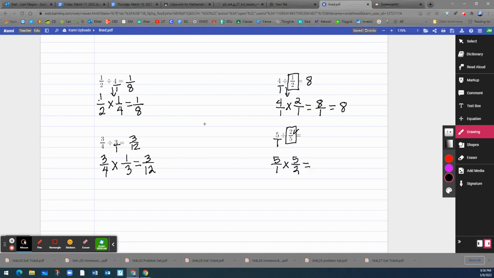Now we multiply across. 5 times 5 equals 25. And 1 times 2 equals 2. So again, we're not looking at simplifying right now. But again, yes, you're going to have to simplify most of the problems because we've been practicing that for a while. So the simplification will say 12 times 2 equals 24, and we have 1/2 left.